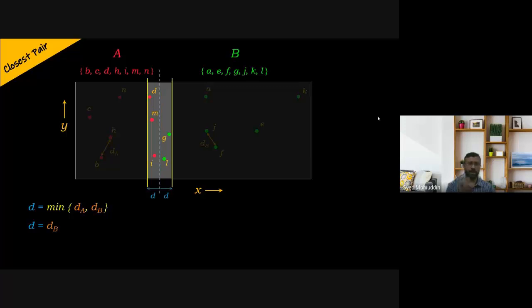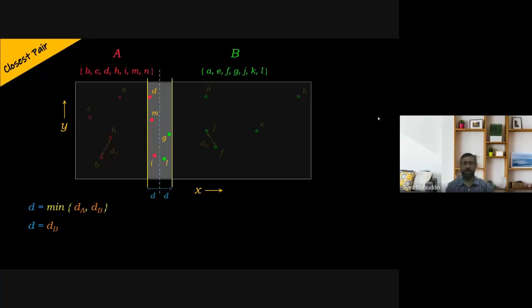So actually, when we divide a line, we have three cases. The closest pair can be in partition A, or the closest pair can be in partition B. So these are the two cases.